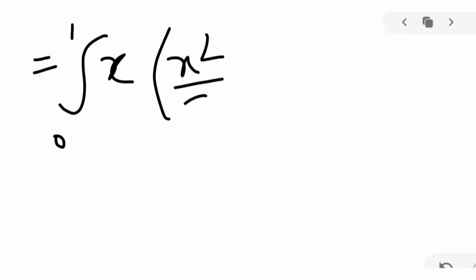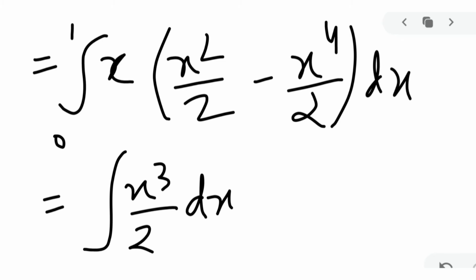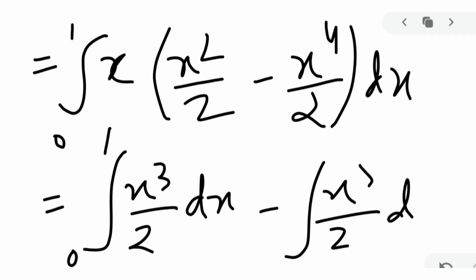So here we have x square by 2 minus x to the power 4 by 2 dx, which will be equal to x to the power cube by 2 dx from 0 to 1 minus x to the power 5 by 2 dx, 0 to 1.